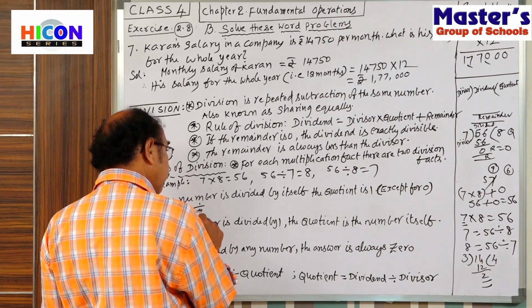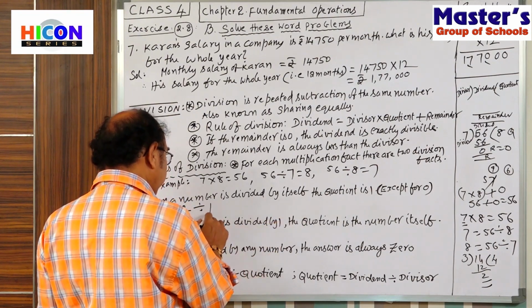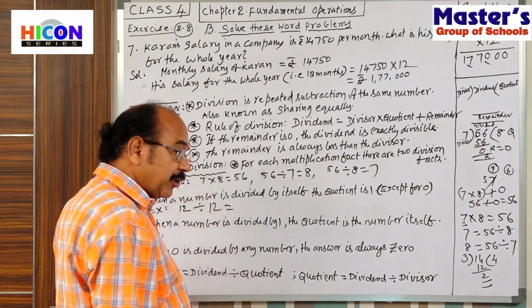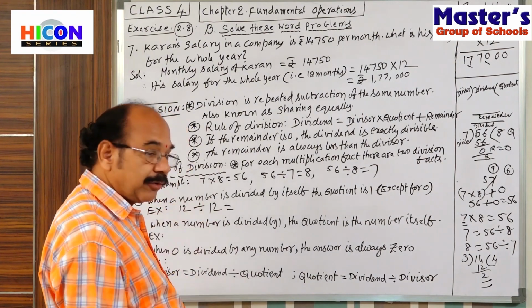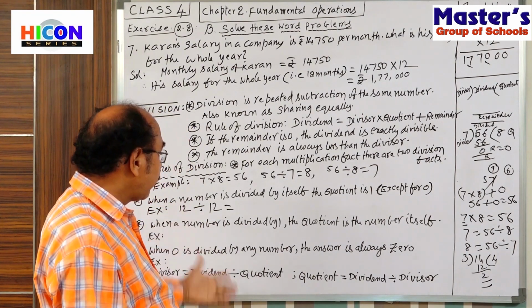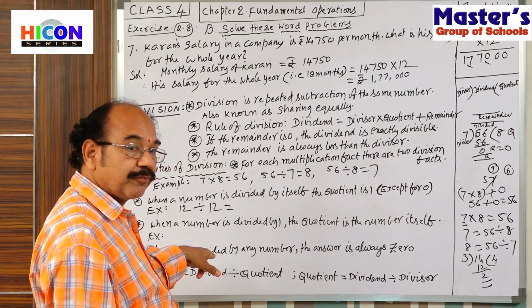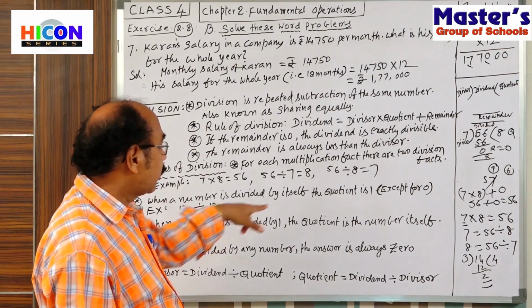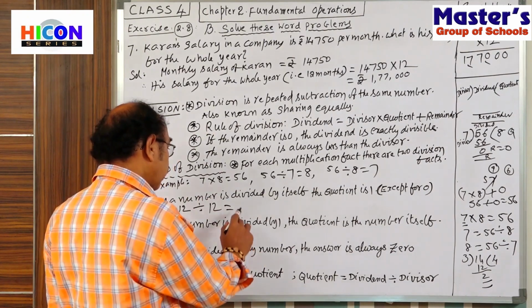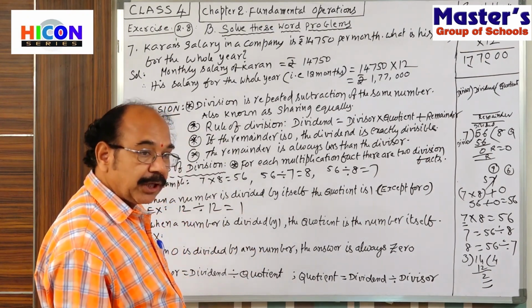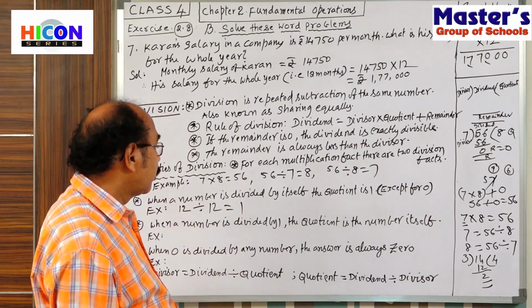Divide this with itself. That means 12 is divided by 12. The quotient is 1. 12 one time. Quotient is 1.